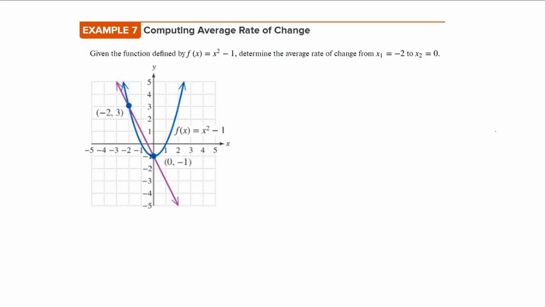When x is negative 2, the value of the function is 3. And you're going to x sub 2 equals 0. When x is 0, the value of the function is negative 1. And so if you draw a secant line through those 2 points, you'll be able to tell the average rate of change of this function on that interval just by finding the slope of that line.